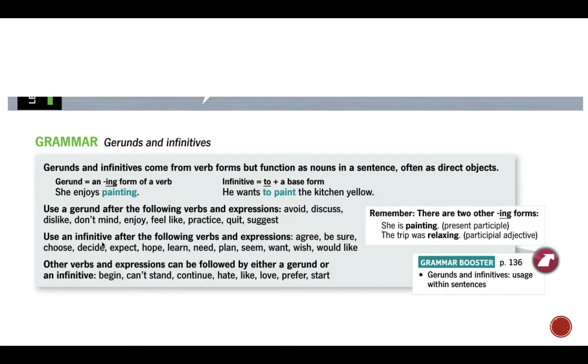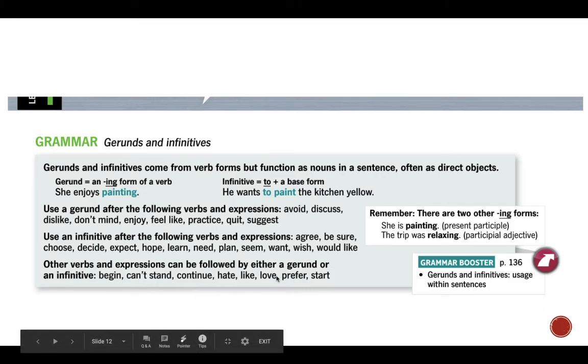We use an infinitive after the following verbs and expressions: agree, be sure, choose, decide, expect, hope, learn, need, plan, seem, want, wish, would like. He wants to paint. Okay, so after these words, we use to in the verb.